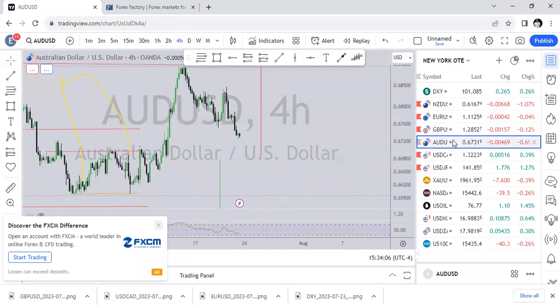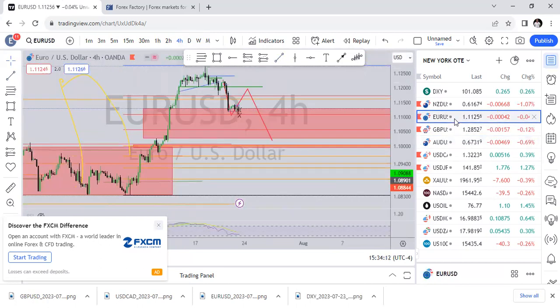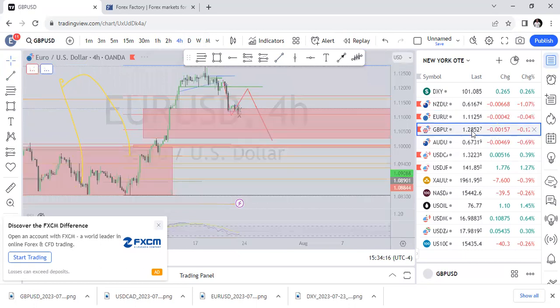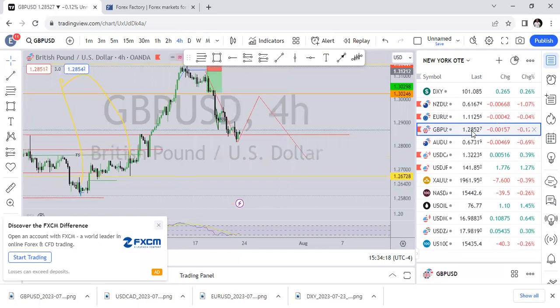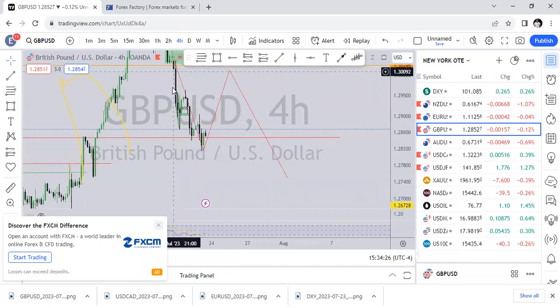To those who trade, it's the same thing we expect from the euro. They move very similar. But what happened was there was a high impact news for GBP within the week. So it started the movement before EU. That's this move here.